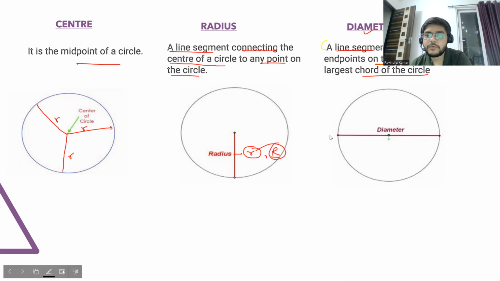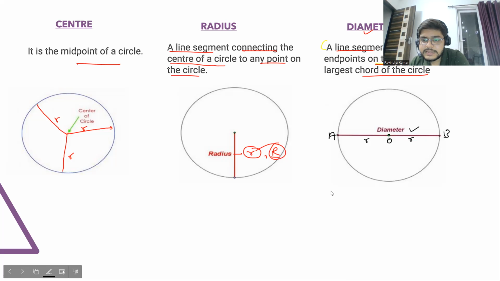Let's say it is point A and it is point B, and it is mandatory for the diameter to go through the center. So the largest chord is the diameter, and you have to note one more thing. From the center to the boundary it is r.